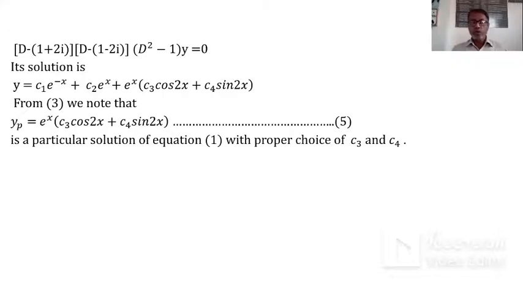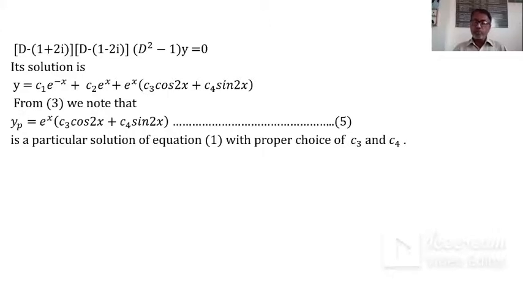But we know that this particular solution does not contain arbitrary constants. Therefore, we want to find the values of c3 and c4. For that purpose, yp is a particular solution of the given differential equation 1, so yp satisfies this differential equation. With the help of this, we find the values of c3 and c4.